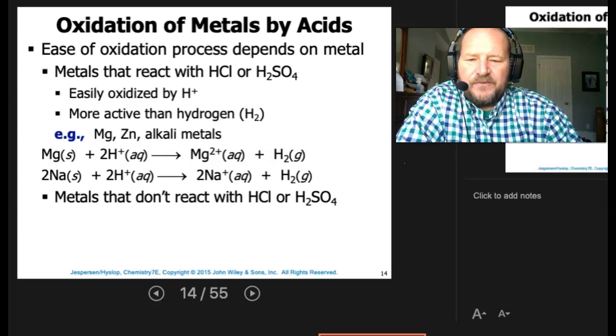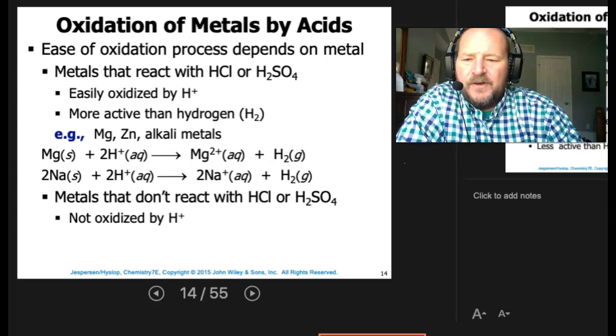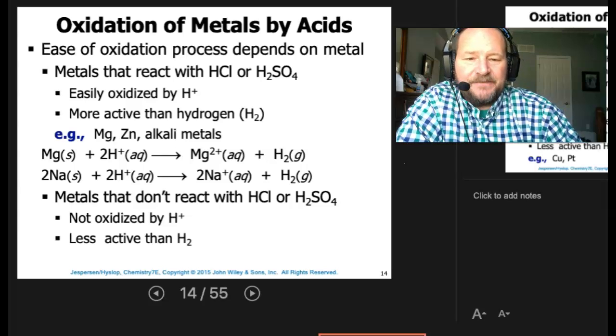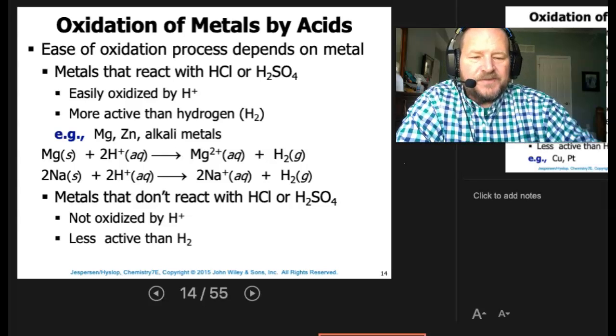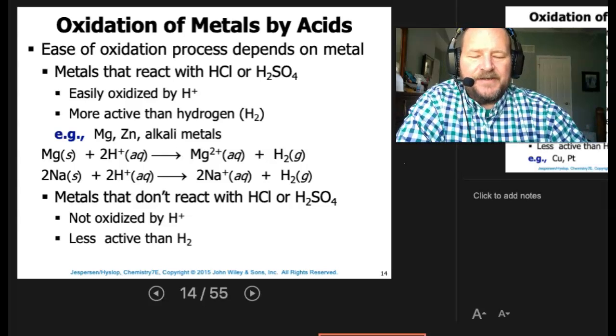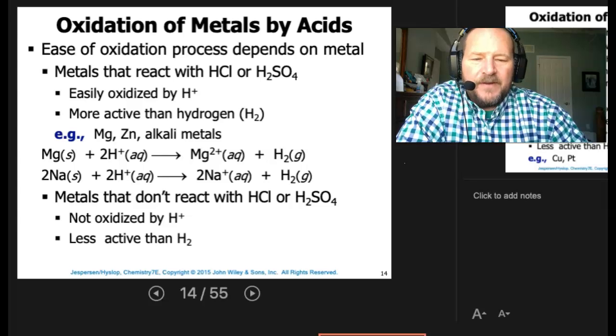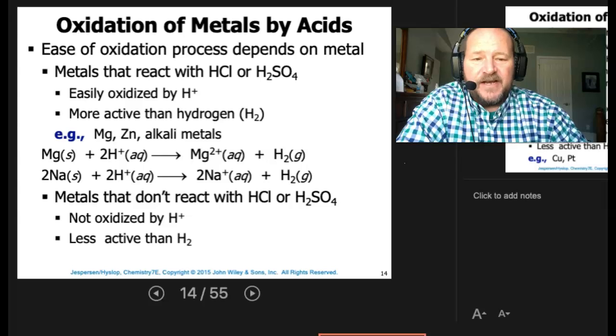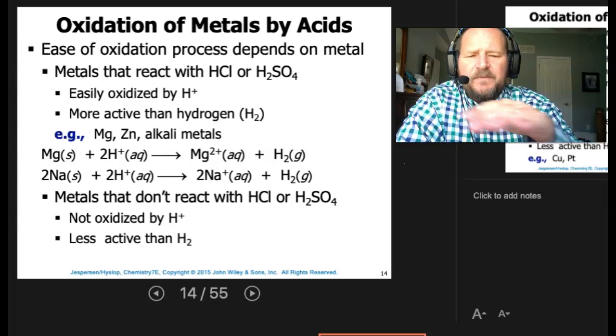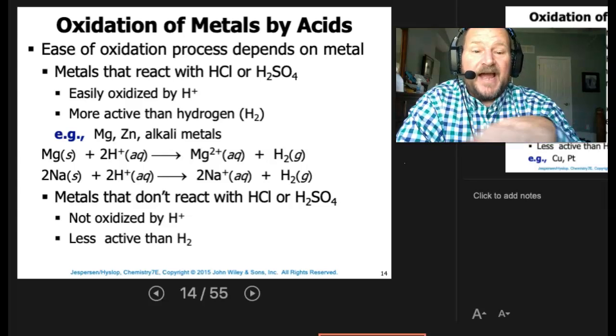Now, metals that don't react with these two acids are not going to be oxidized by H+, which means they're less active than the hydrogen gas. So what we're going to do here is build what's called the activity series, okay? And again, you can sort of front load this if you want by pulling that activity series down, and you'll see usually somewhere in the middle of the chart, it'll say something like acid.